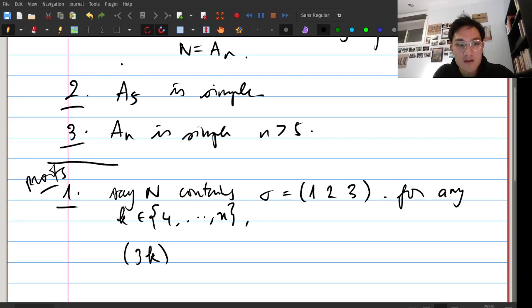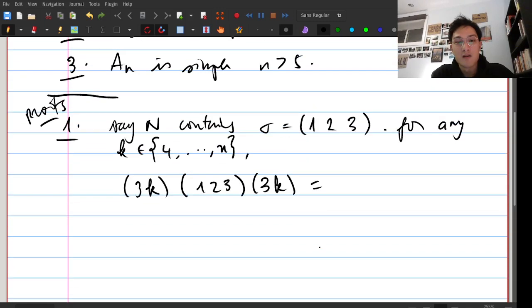So we want (1 2 k), so 3 is the number we're going to put here, because if we put 2 or 1, then the output wouldn't have a 2 or 1. Because 3 goes to k, and then k goes to 3, so 3 doesn't show up at all.